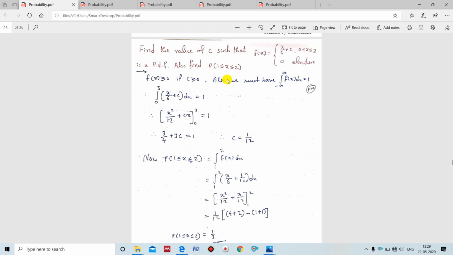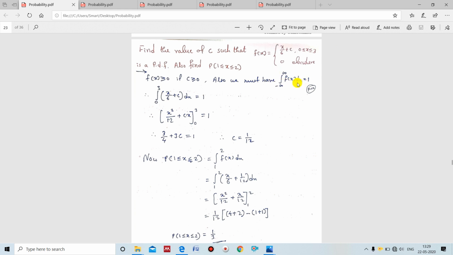So we know that, in the starting, from minus infinity to plus infinity, f of x dx value is equal to 1. So here the interval is given, that is 0 to 3. Integration from 0 to 3, f of x value is x by 6 plus c, dx equal to 1. So let us equate this equal to 1, means the standard formula is 1.